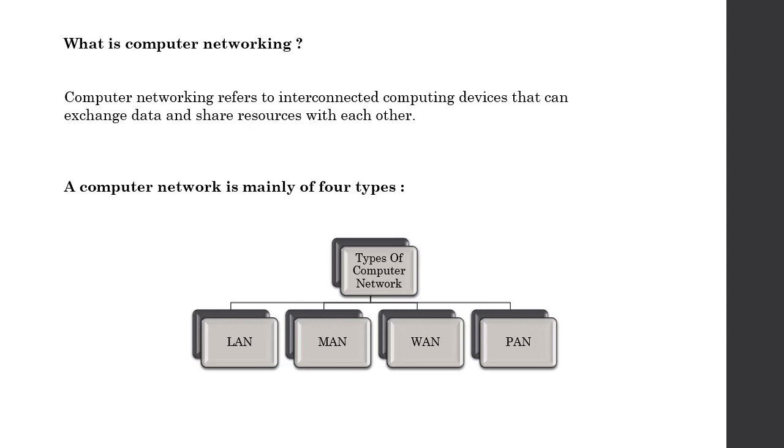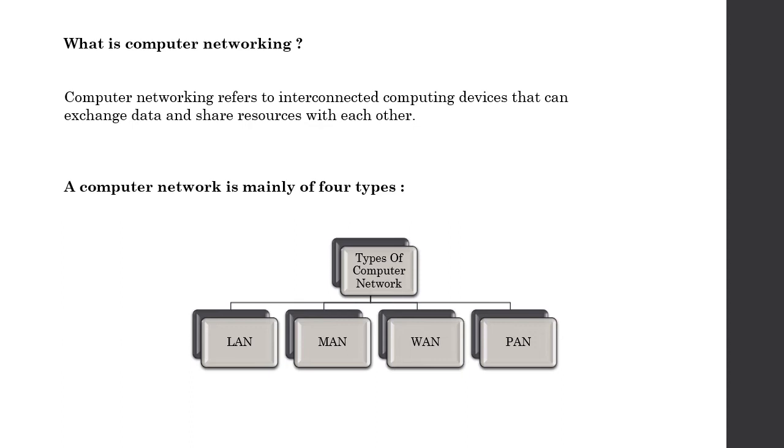The range is about 13 feet. There are many personal devices which help to develop a personal area network, like laptops, mobile phones, media players, PlayStation, and a lot more.